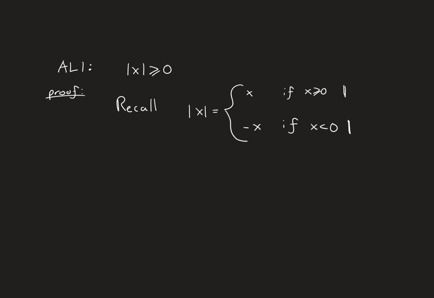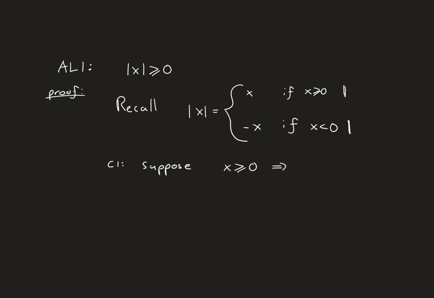That's actually quite easy. This is almost an immediate corollary of, I think it was OL1. Yep, this is straight from OL1. So case 1, suppose x is bigger than or equal to 0.